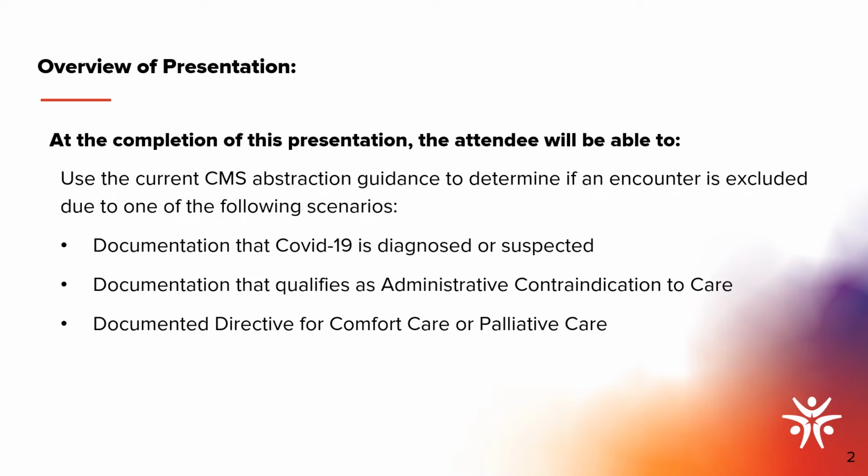Some conditions that would exclude an encounter from the SEP1 measure are not as easily defined, and even the most experienced sepsis abstractor sometimes agonizes over how to abstract these cases.